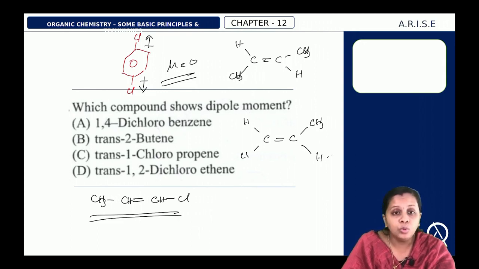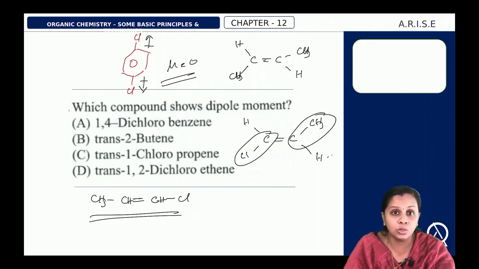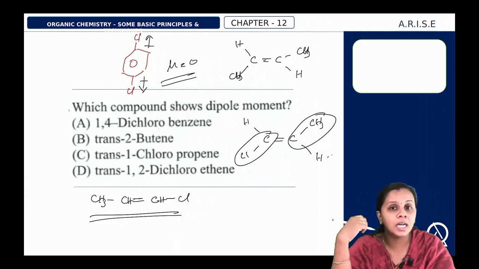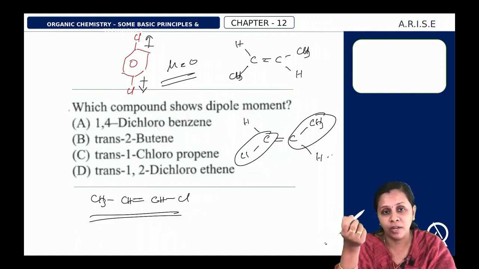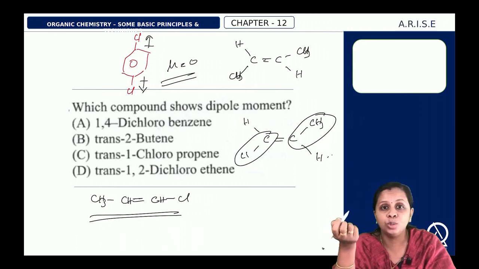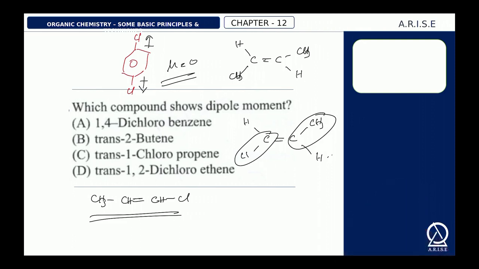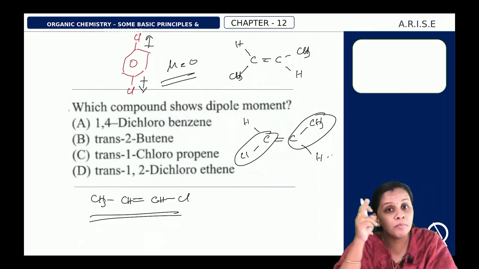Because you have two different groups, one is the CCl group, one is the CCH3 group, their dipole moments are entirely different. Even though they are trans to each other, they have a different magnitude of dipole moment. Even though they cancel out, it is not completely cancelled out because the groups are not the same. In the case of 1,4-dichlorobenzene, both have dipole moments and both are the same group, so their magnitude is also the same.